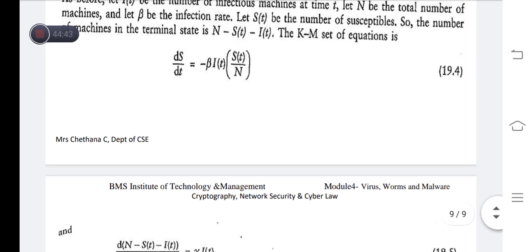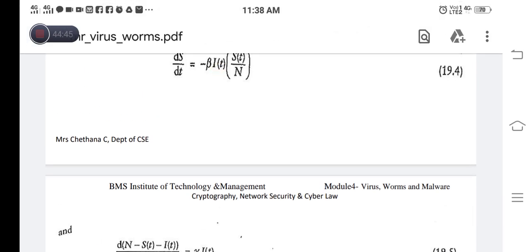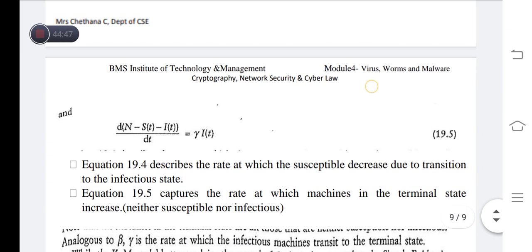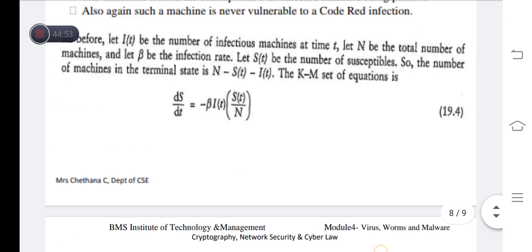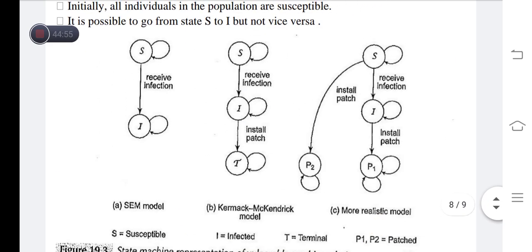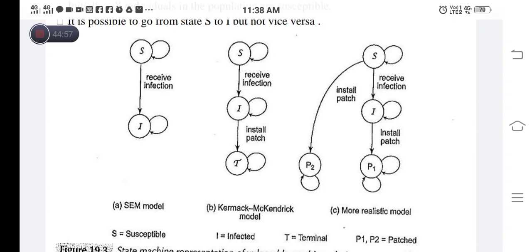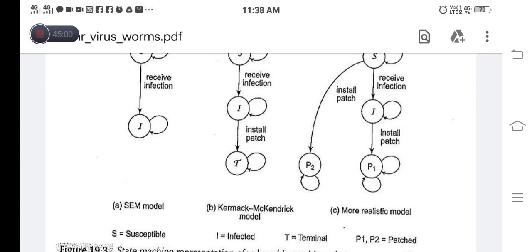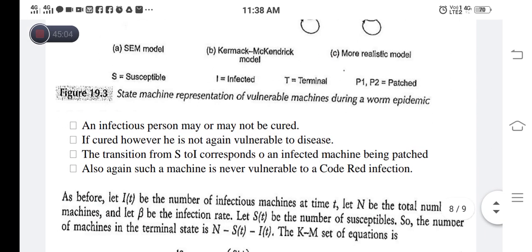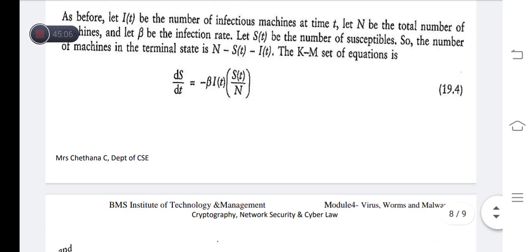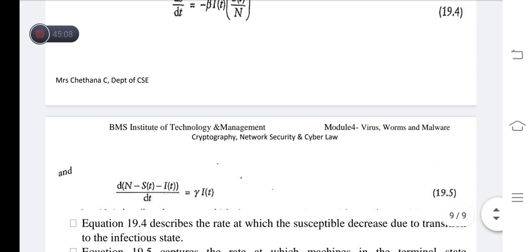So equation 19.4 tells the rate at which the susceptible decreases due to the transition to the infectious state. As we see from S to I, how many machines have moved from S to I and how many machines are remaining in S. That's the meaning of that.